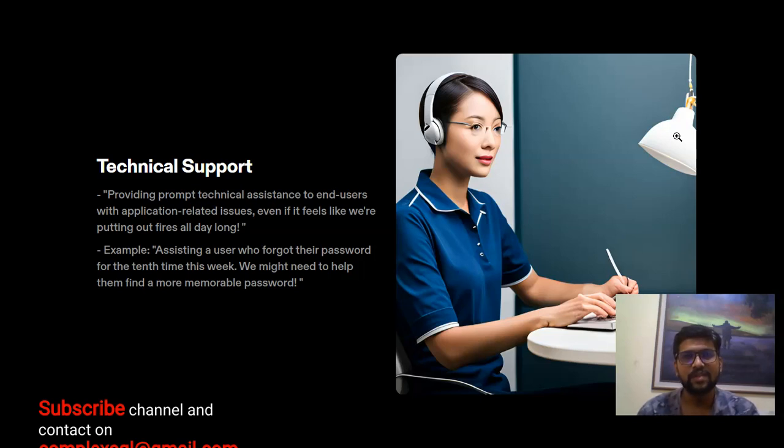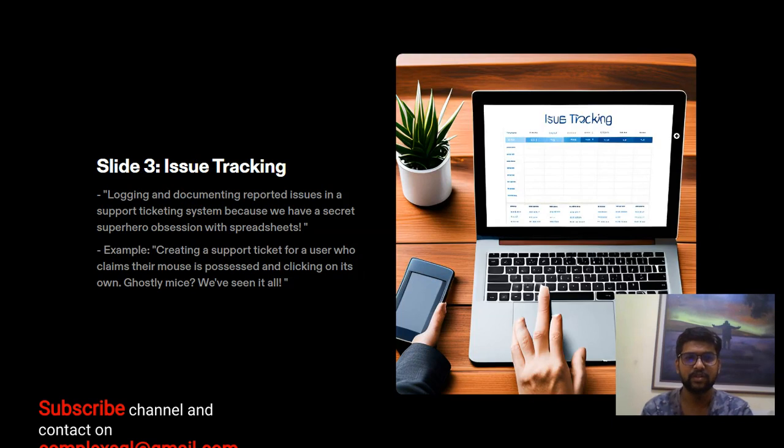In some cases the user forgets the password and there is no direct way to change it on the application side, so you need to contact the technical support guy. That technical support guy is the application support engineer.